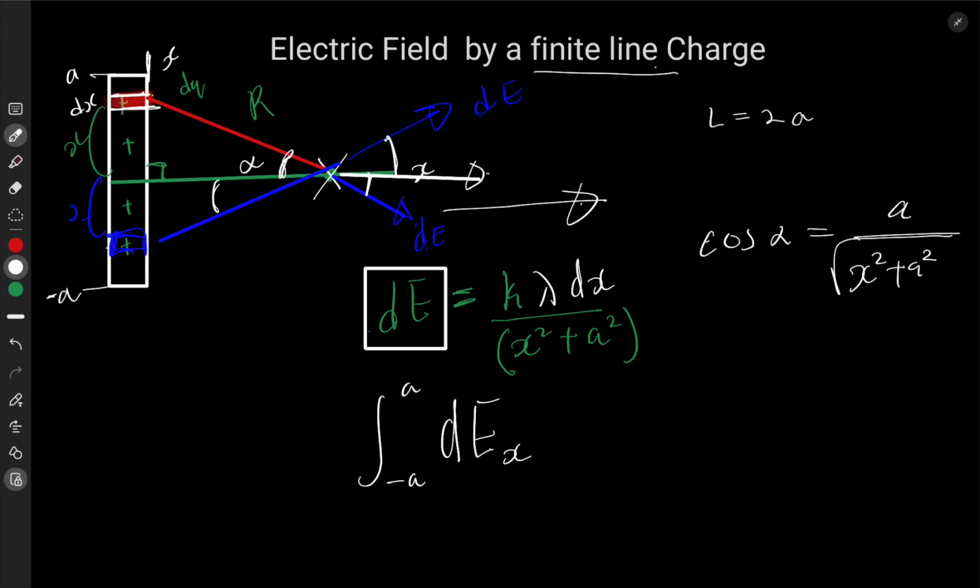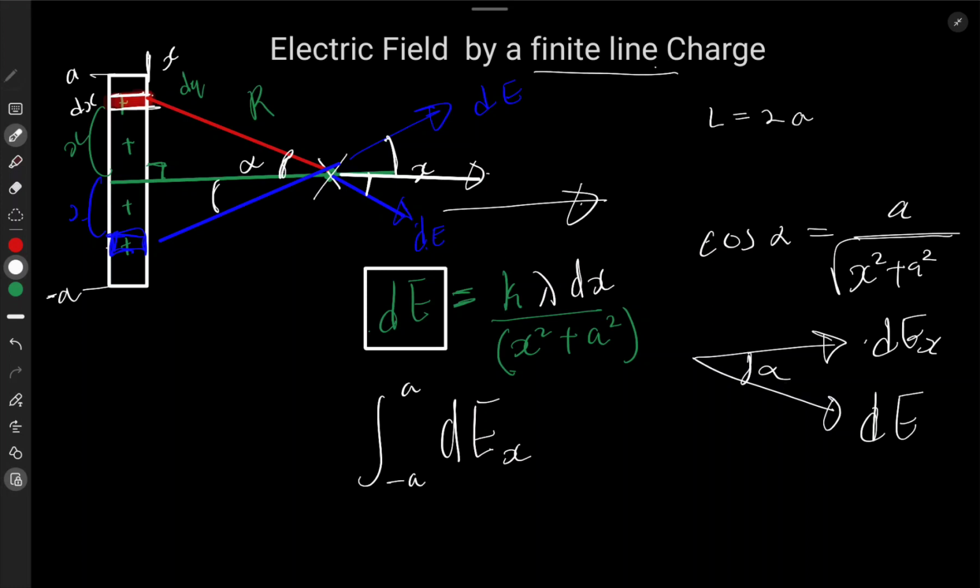So this is our cosine of alpha, right? And also remember we talked about something. We said I'll have to redraw those vectors again. There was something like this. This was dE and this one was dEx. Now I'm interested in the dEx. Alpha is here.